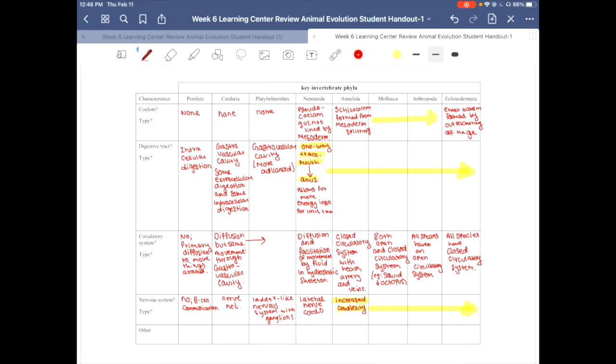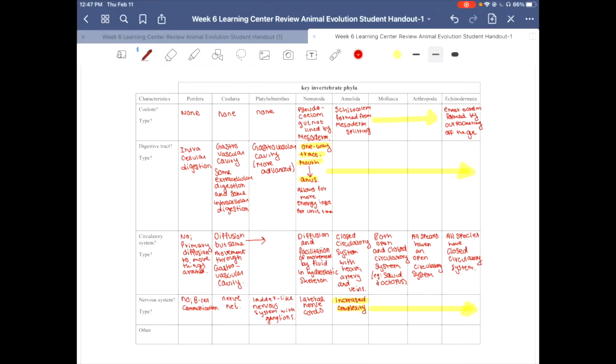So let's look at trying to decide which phyla we want to look at. For example, let's look at Porifera and the Cnidaria. If they're asking for a combination of key characteristics, it's all of them because all of them are different.